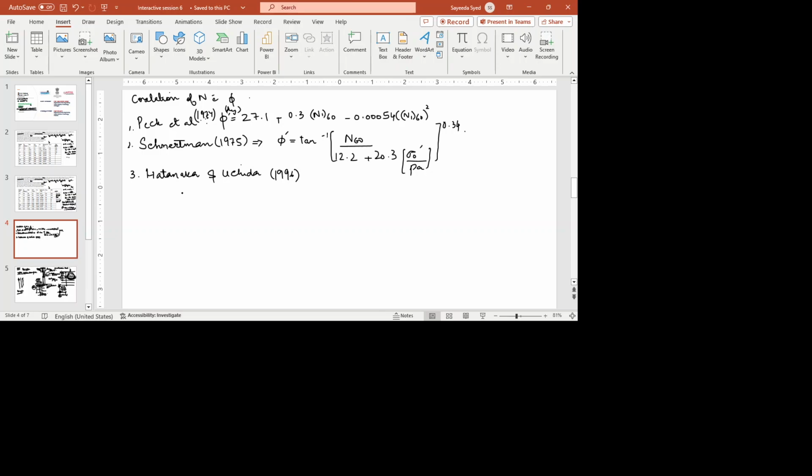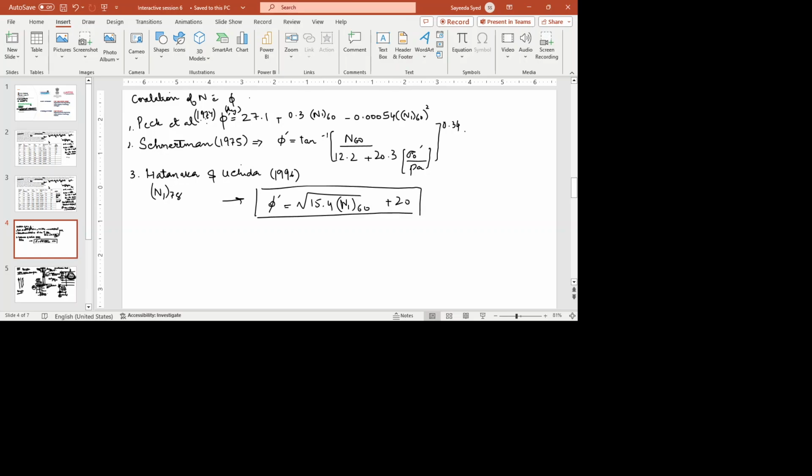They have actually given in terms of N170, but in terms of N60 it becomes phi dash equals under root 15.4 times N160 plus 20.